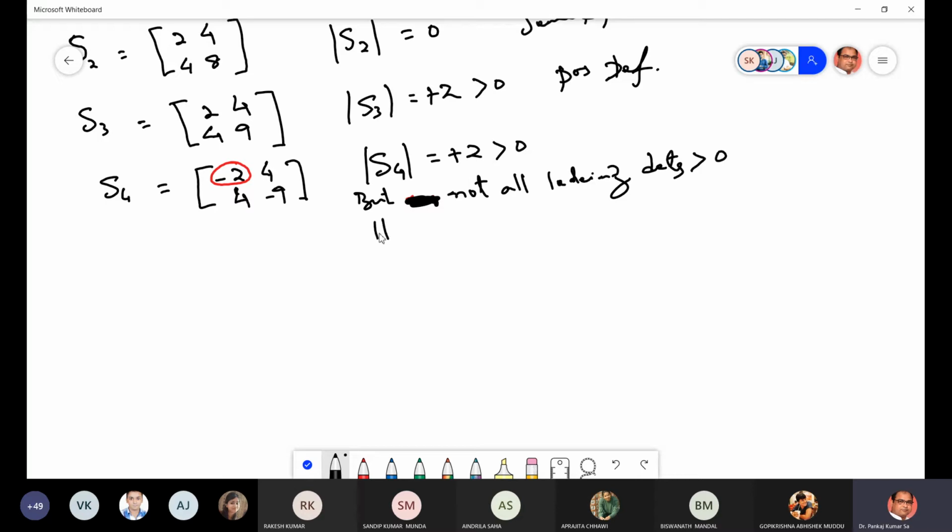Hence, S4 is not positive definite. Okay.